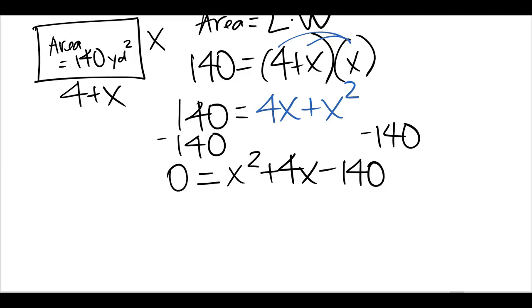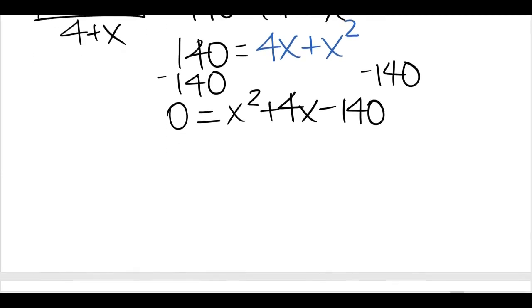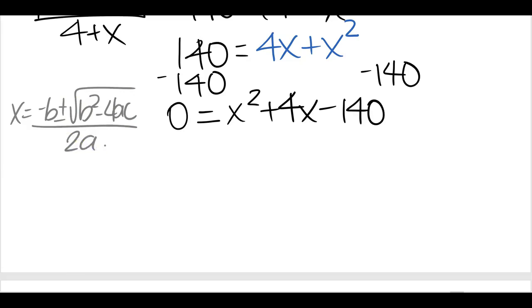Let's just use the quadratic formula and practice that some more. So let's remember the quadratic formula is x equals negative b plus or minus the square root of b squared minus 4ac, all divided by 2a. So we've got a equals 1, b equals 4, and c equals negative 140.